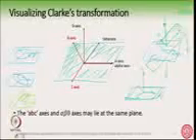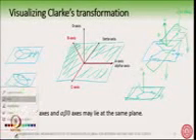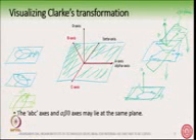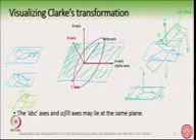Okay. So here I can see that in the alpha beta 0 plane, you can imagine this is a 3-dimensional vector which is rotating in the alpha beta 0 domain.